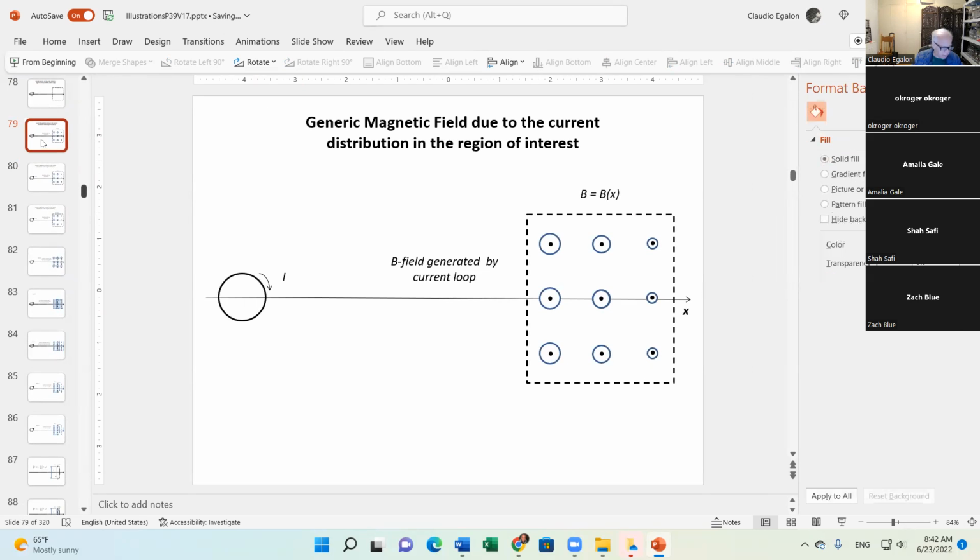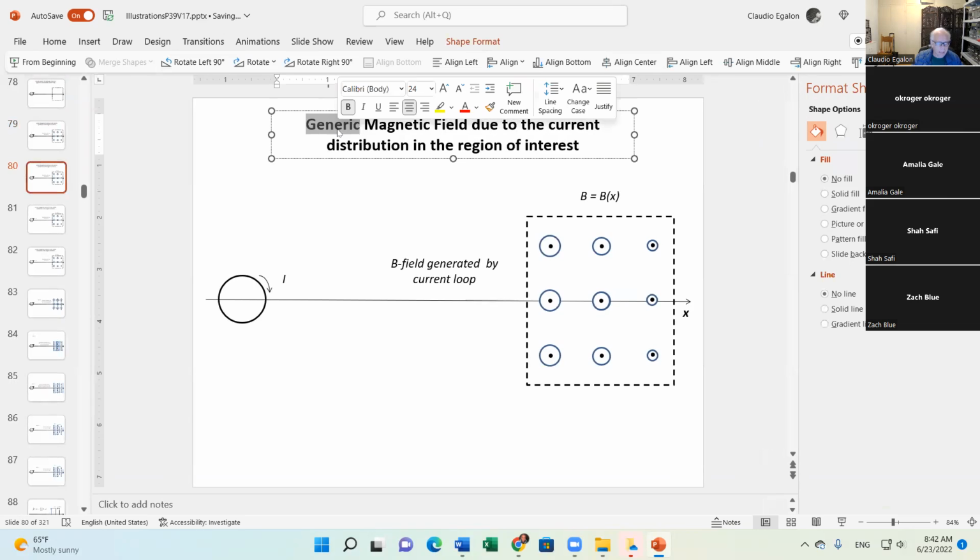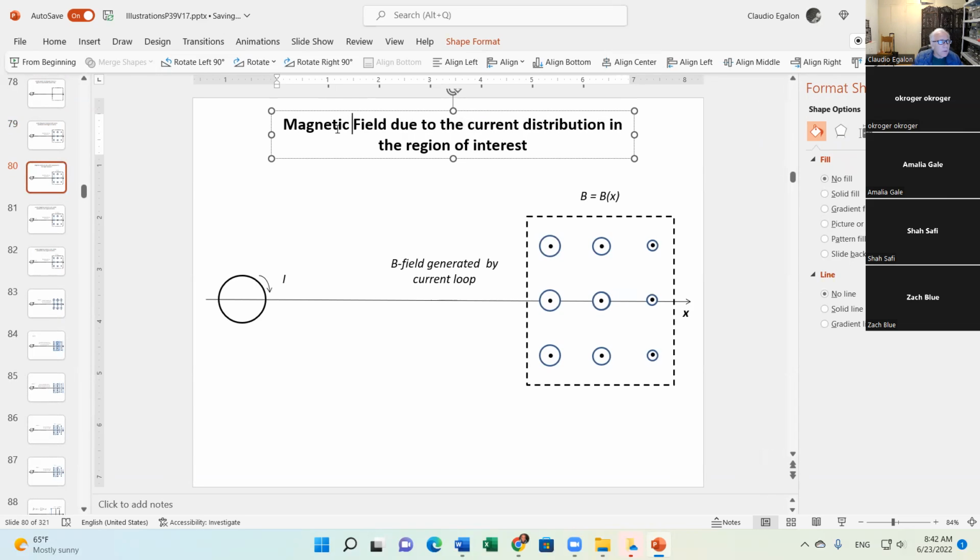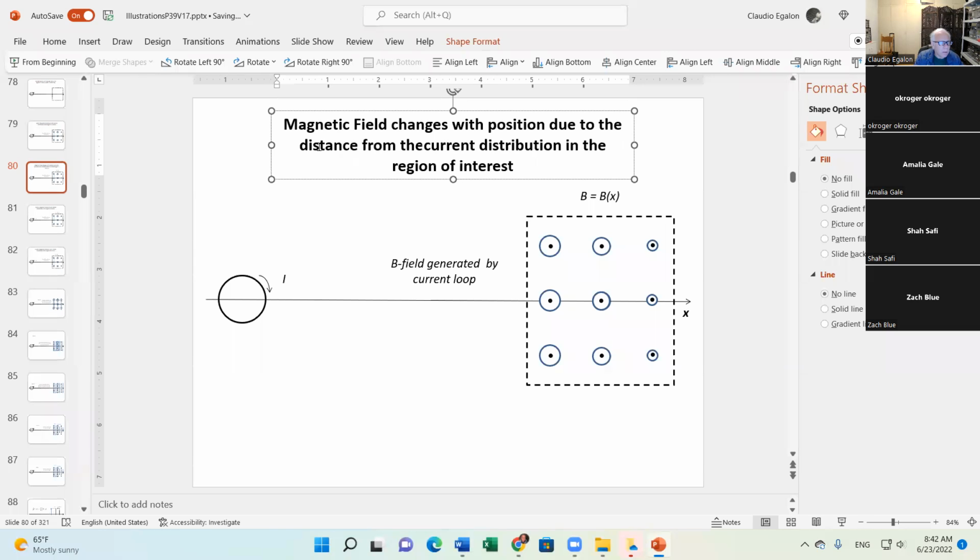I'm going to do even better. I'm going to add on those slides. Then, due to current, next one: magnetic field changes with position due to the distance from the current distribution.